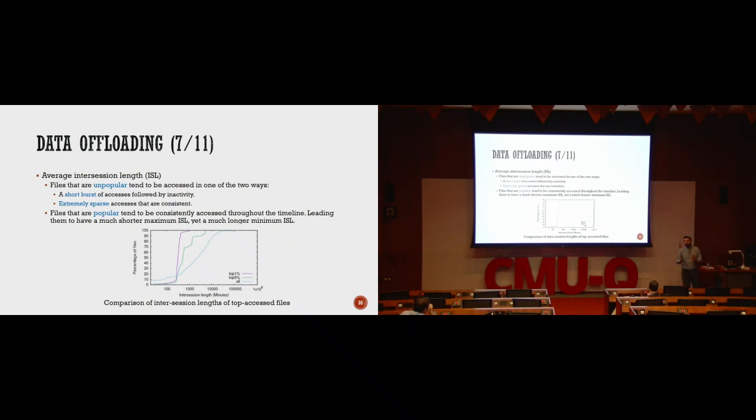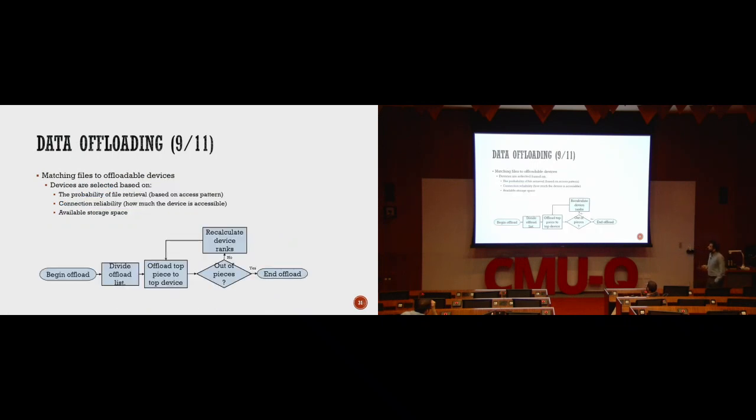So this shows that I'm accessing my most popular files on average twice a day. Other than that, my access would be something like this. My 99% files are accessed like this. This is, I guess, 100,000 minutes, which would be about 70 days, or 69 days. Based on that, we determine which files are popular and which are not.